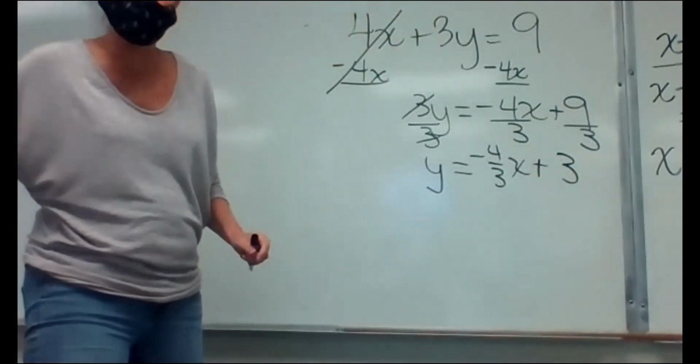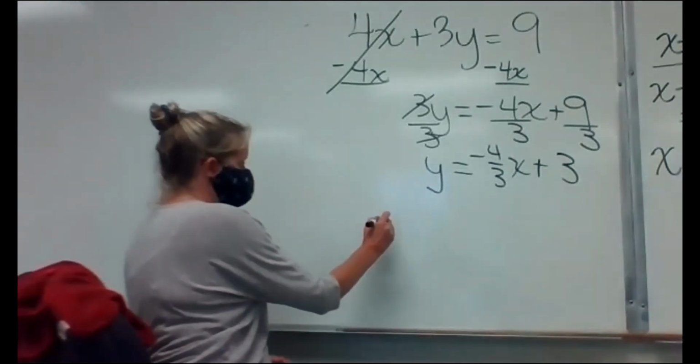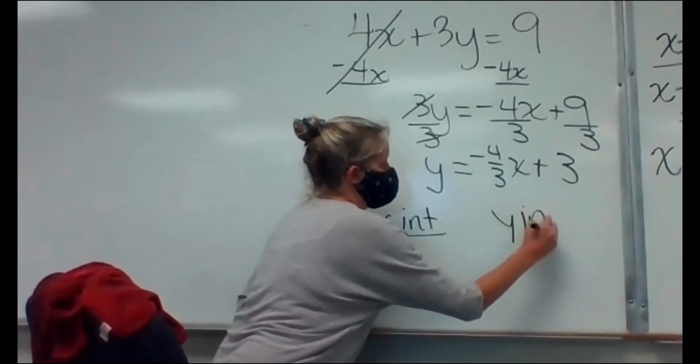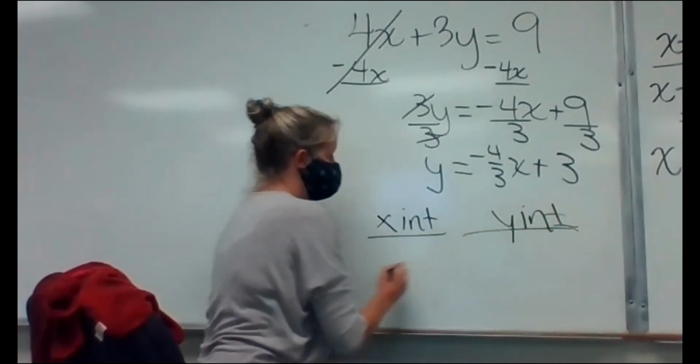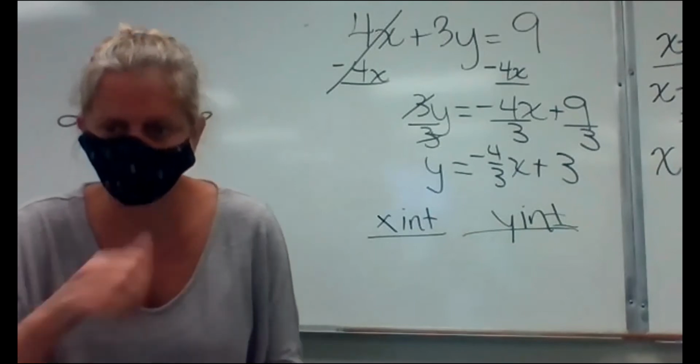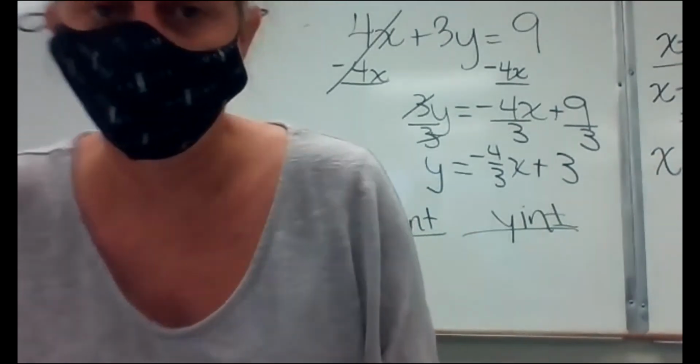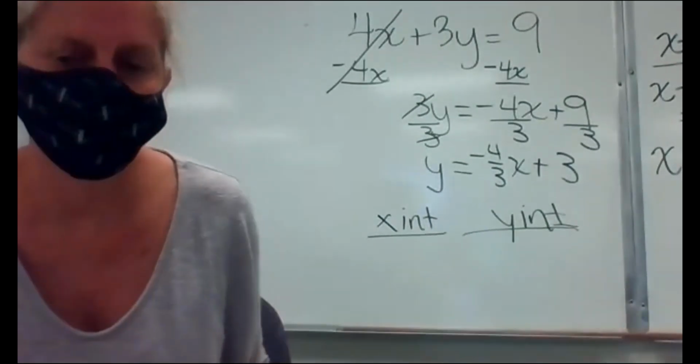So my hope is that I'm going to be able to find my x-intercept and my y-intercept in my calculator. So go to your y equals and clear it out.